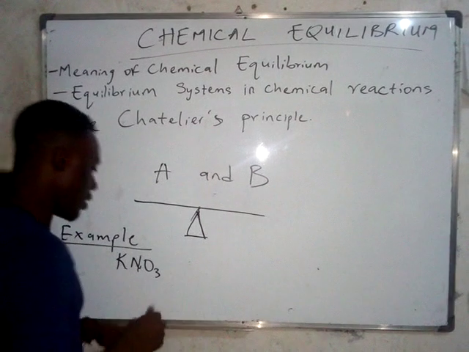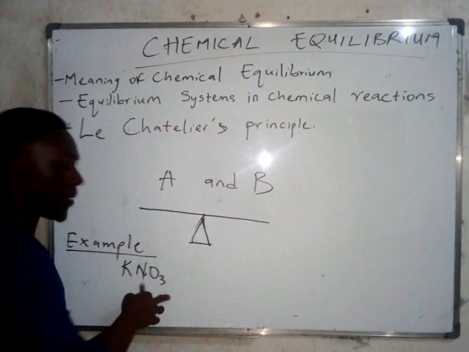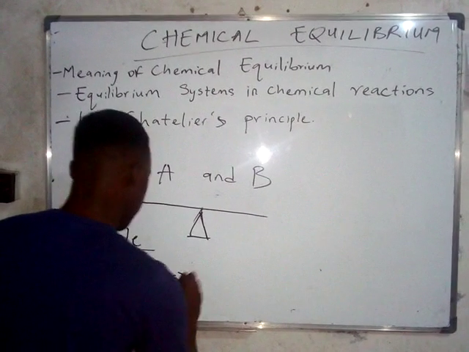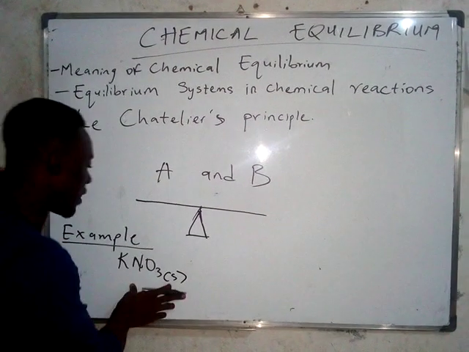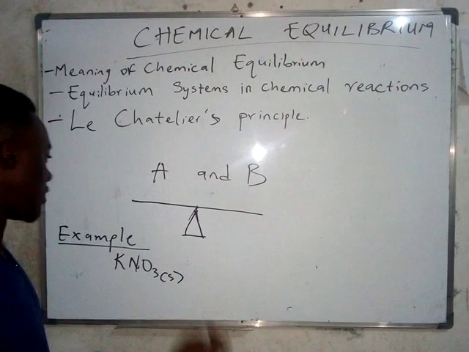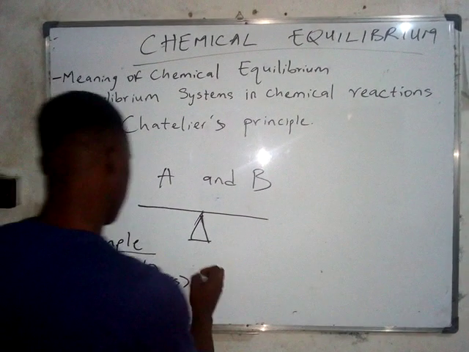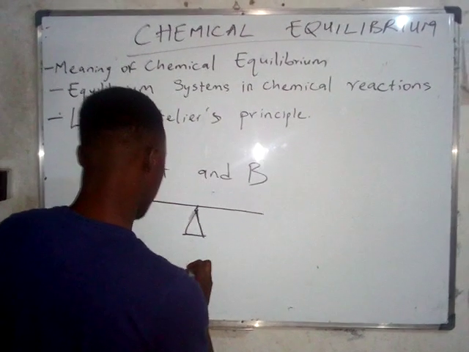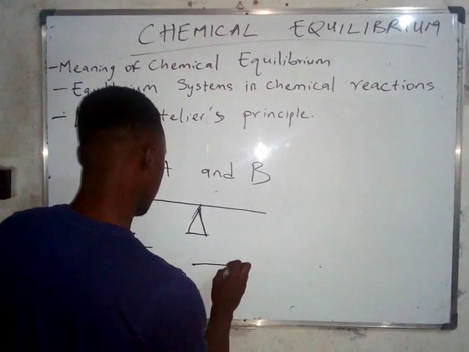Now, KNO3 is in pellets or in crystals, as the case may be, which means that it will be in solid state. And when it's dissolved in a solution, it becomes a homogeneous mixture. So it becomes a certain kind of solution.